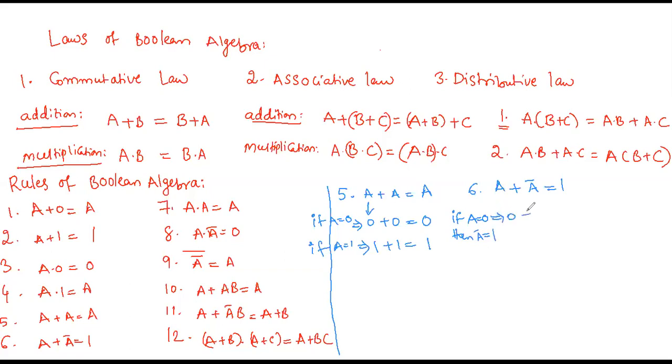A 0, A bar 1. 0 plus 1, 1. Next, take second case, A is equal to 1. Then A bar is equal to 0. Now substitute. A is 1, A bar is 0. 1 plus 0, 1. Now you can generalize, whatever the value of A you are taking, the result is 1. So you can generalize A plus A bar is equal to 1.